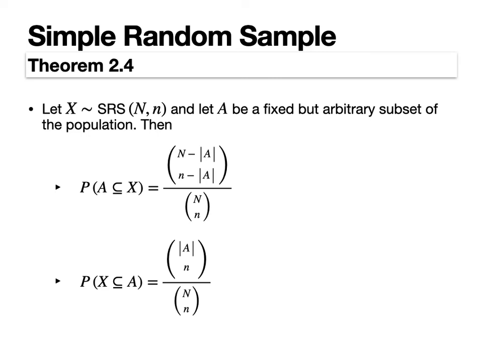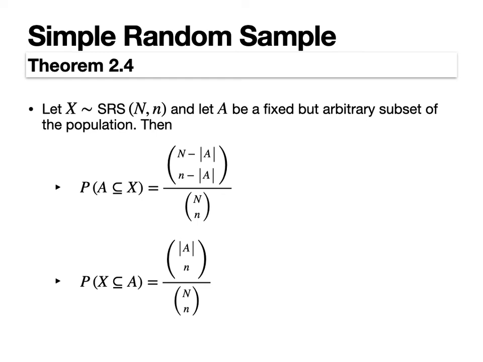One thing to notice here is that the probability that our random sample contains some specific set, this A, only depends on the cardinality of A. It doesn't depend on anything further. And that's an important point we'll come back to after we discuss this theorem.